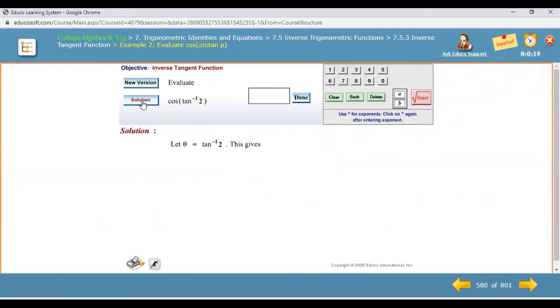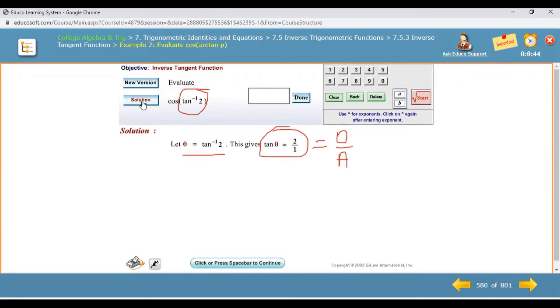We draw a triangle from there. Now, if I consider tangent inverse 2 as angle theta, theta is tangent inverse 2, and when I bring tangent to the other side, tangent theta is 2 over 1. Tangent is 2 over 1 means it is opposite over adjacent.